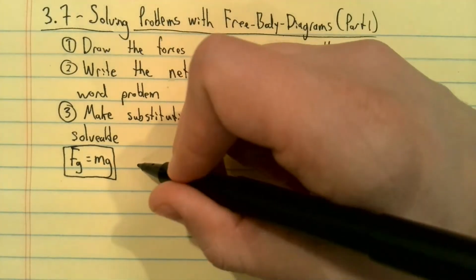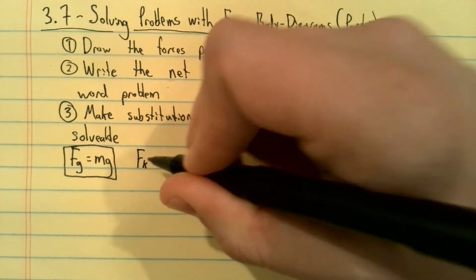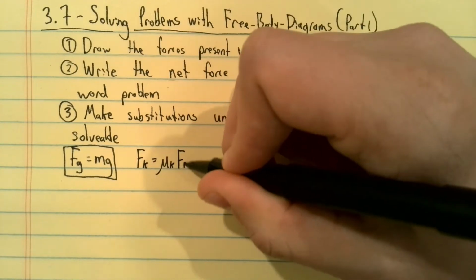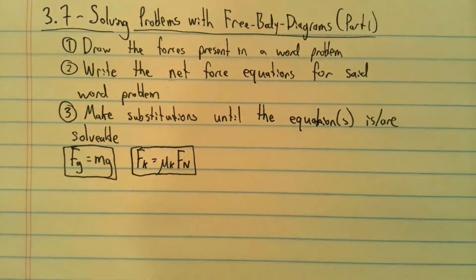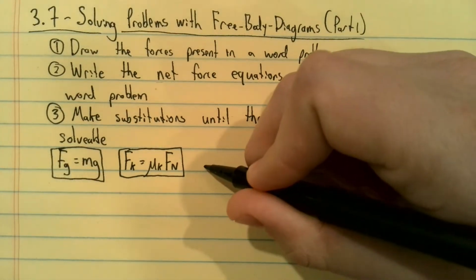Also, let's look at a very common one, which will be friction. F sub k equals mu sub k F sub n. It's our second mini equation. We won't use static friction often, so I'm not going to write it in here. 2 others will be new ones, actually.